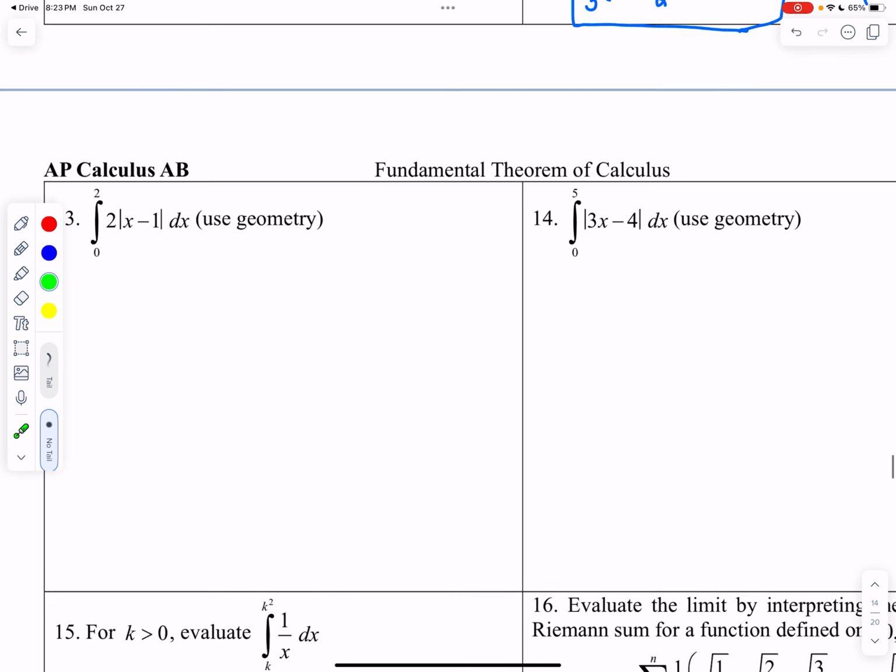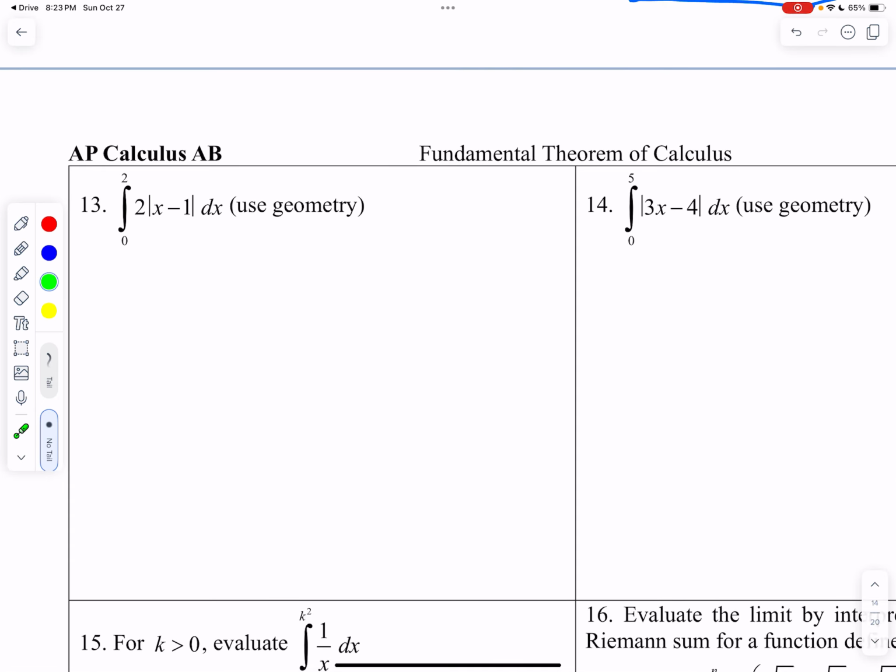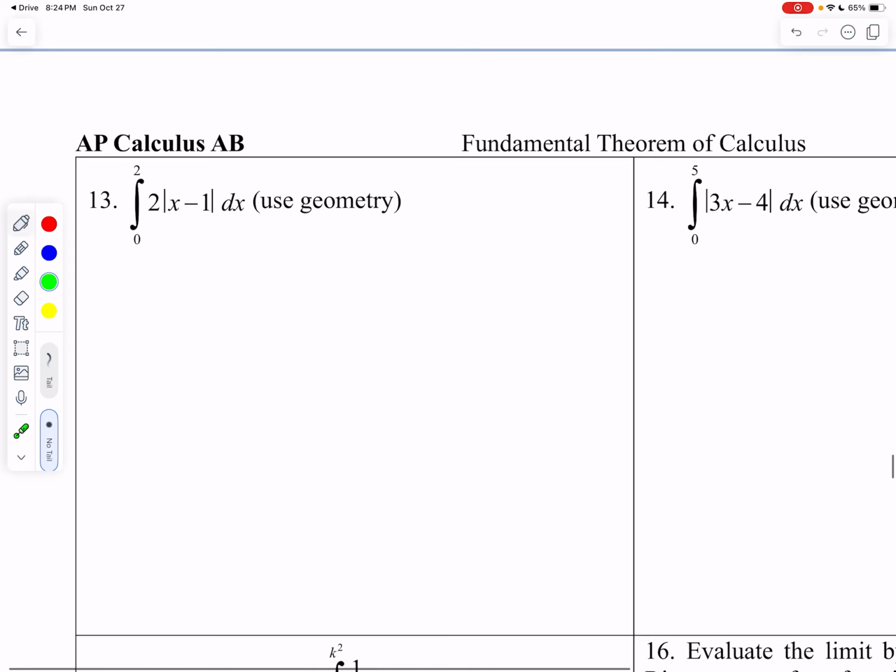All right. For number 13, I'm going to do this 2 ways. I'm going to do the algebraic way, and then I'm also going to do the geometric way, aka using geometry. I'm going to use geometry first because I think that's going to be the easiest, and then you'll see why that's the easiest method. All right, so I'm going to go ahead and move the 2 up front.